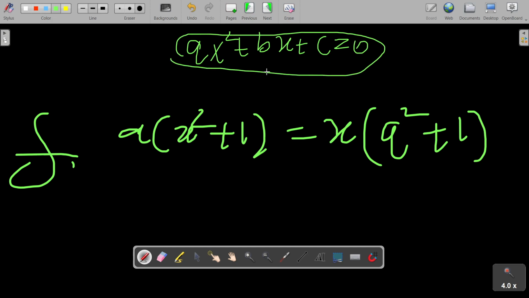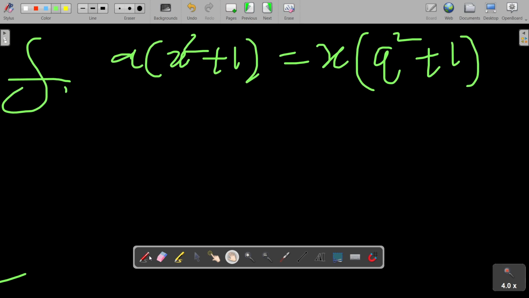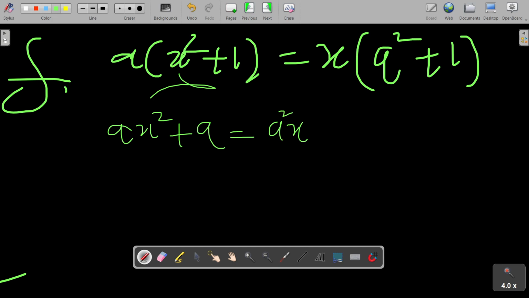Make any quadratic equation in this general form and solve using the simple quadratic formula. So let's expand this. A into x squared is a x squared, a into 1 is a, and right here a squared x plus x.